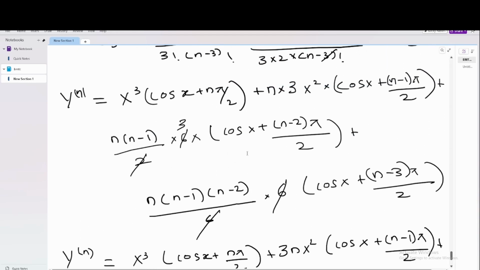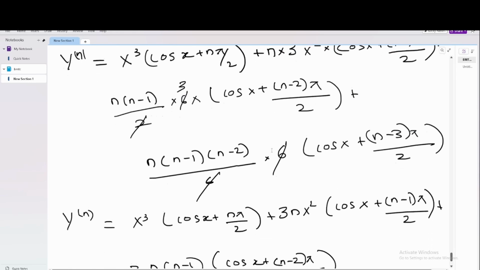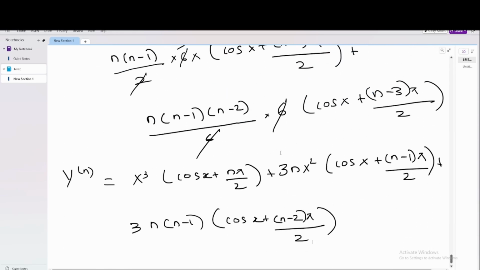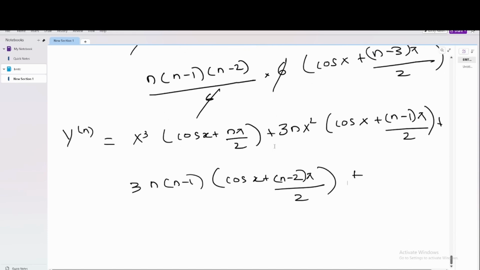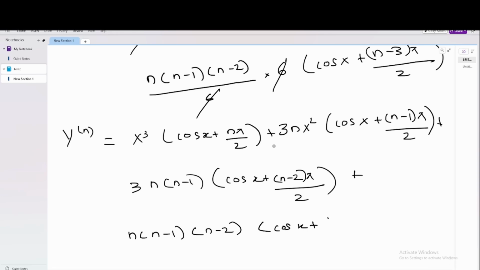Yes, plus n into n minus 1 into n minus 2 into cos x plus n minus 3 into pi by 2. This is the final answer.